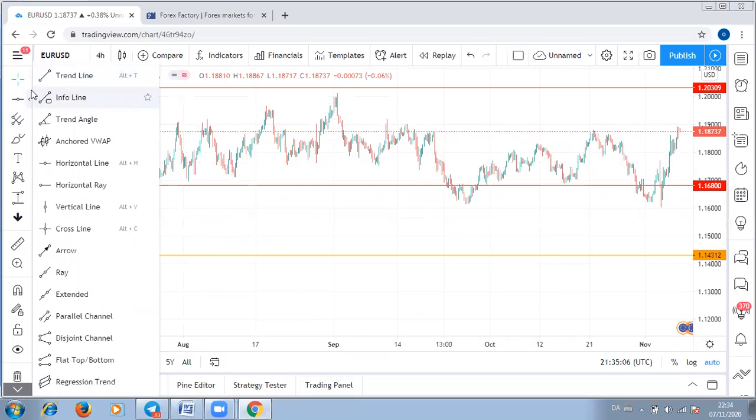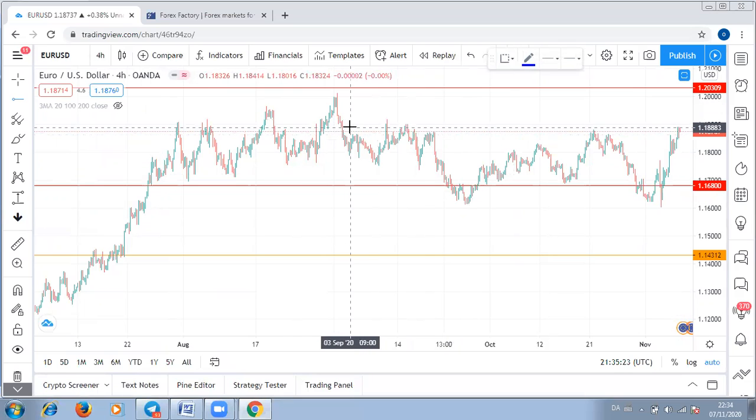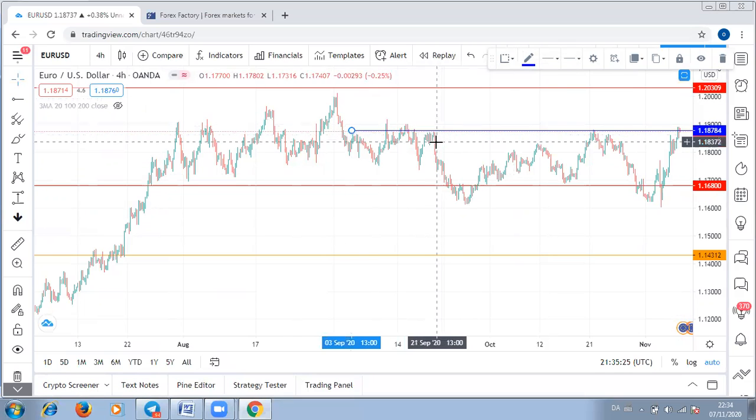Why the 4 hour time frame is important is that for an intraday trader like me, I have to buy and sell within the days and the weeks. This time frame is very high probability for me. So we look at the prices and the areas that have been respected in the past.